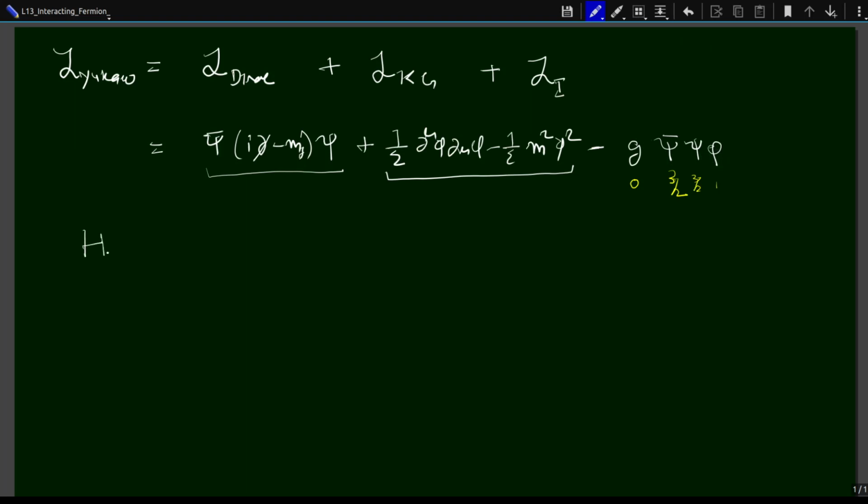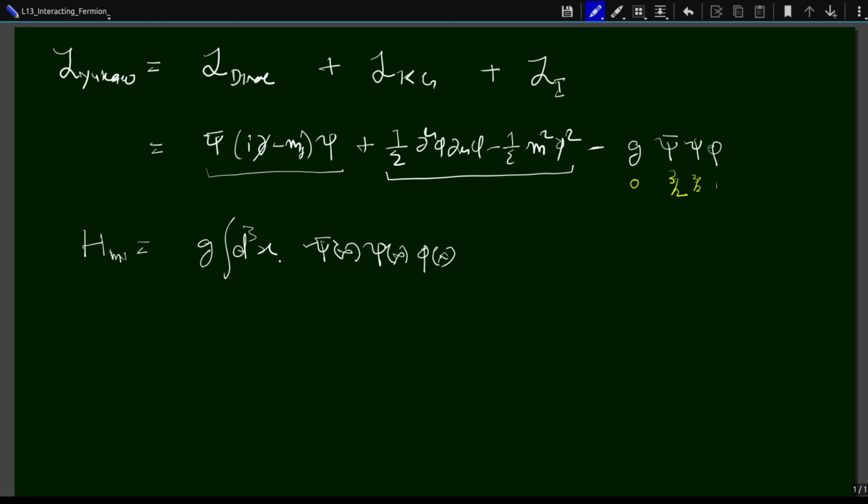The total interacting Hamiltonian is g times the integral d^3x of psi bar(x) psi(x) phi(x). So g times this term with a plus sign is the Hamiltonian density. If you integrate over all d^3x, then you get the total Hamiltonian.